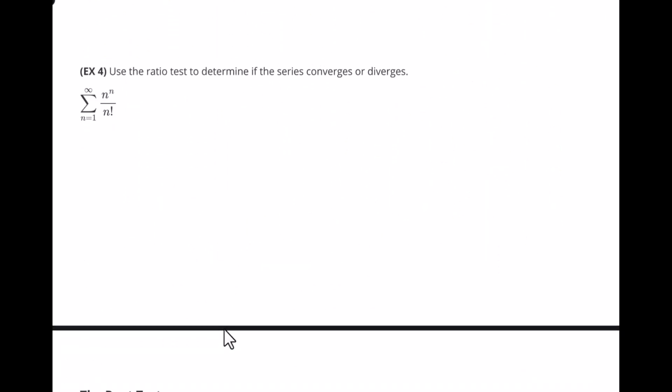All right, here's another example. In this example, we have the function n to the n over n factorial. It's not entirely clear which class of function this n to the n would be in, because usually if you have a constant as an exponent, that's a polynomial.